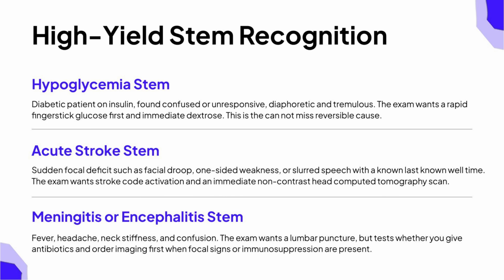The exam wants you to activate the stroke code and get an immediate non-contrast head computed tomography scan. The meningitis or encephalitis stem is fever, headache, neck stiffness, and confusion. The exam wants a lumbar puncture, but it is really testing whether you give antibiotics and image first when there are focal signs or immunosuppression. Learn these three and you will recognize most stems instantly.